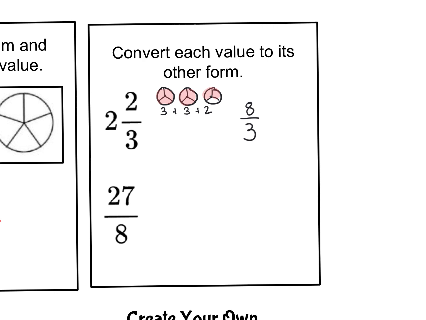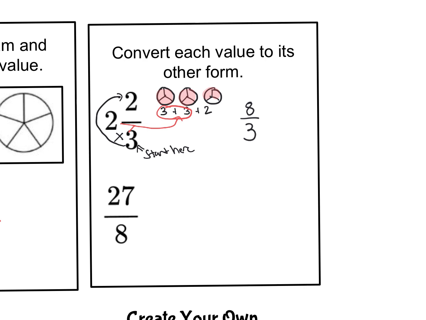Eventually, when we get to a place where we're not using the pictures, another way we can think of this is we start with our denominator, because that tells us how many pieces are in a whole, and then we go clockwise, and we multiply our denominator times the whole number, so in this case 3 times 2, which is really what we did here when we did that 3 plus 3.